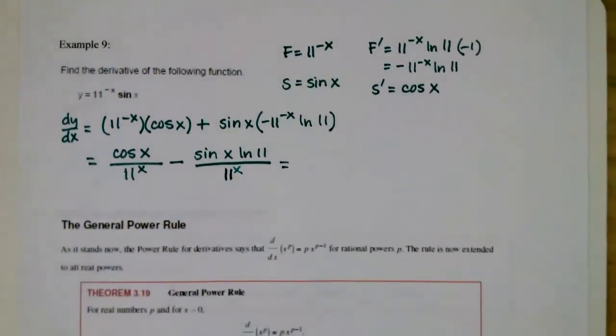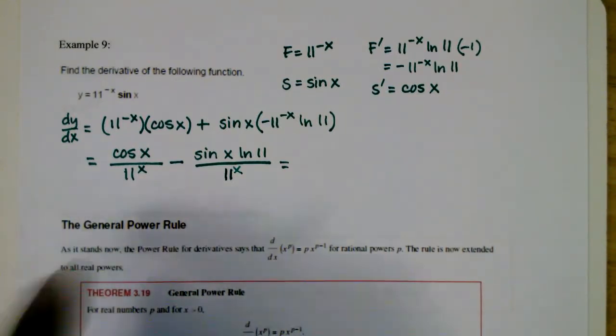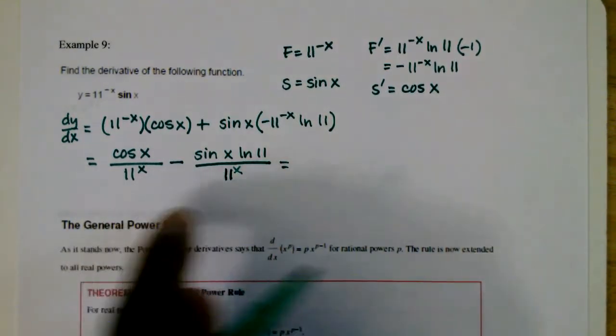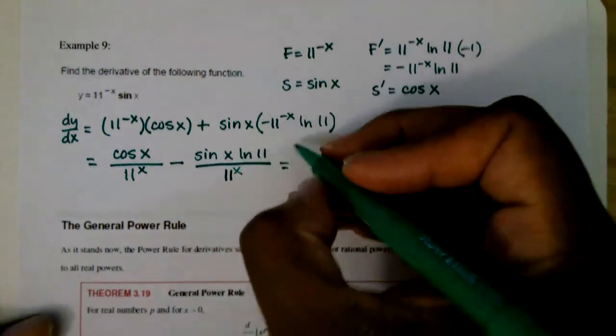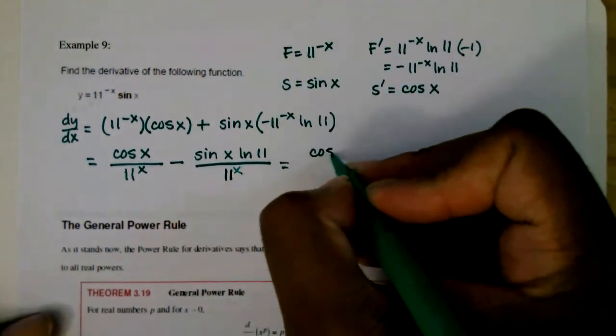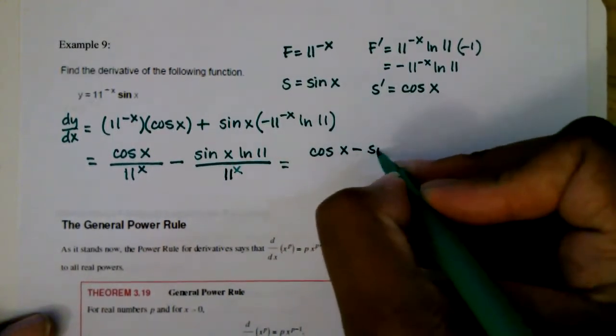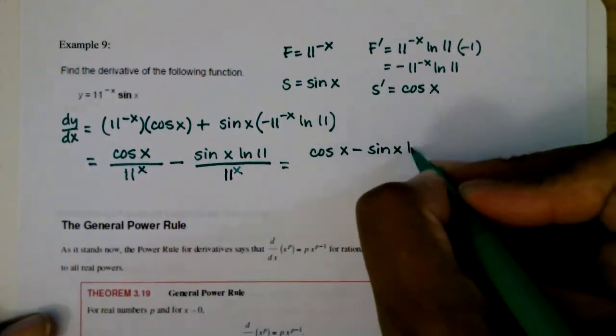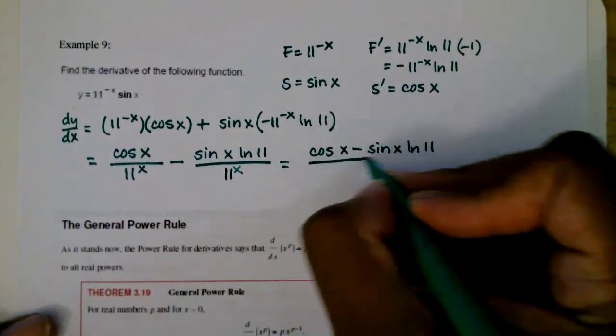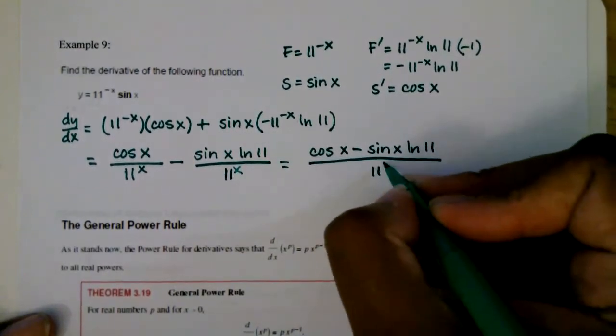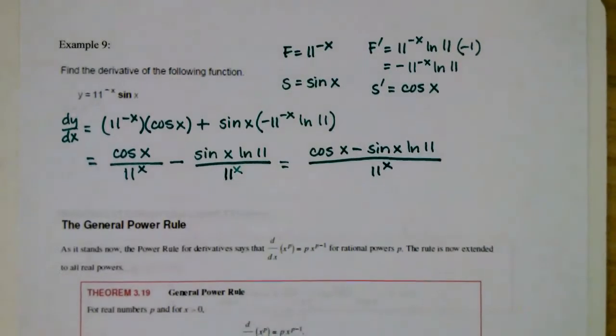All right. Now you can see here, 11 to the x is the common denominator. The denominators are the same, so I can write that numerator all under a single denominator. So this will be cosine of x minus sine of x, ln of 11, all divided by 11 to the x power.